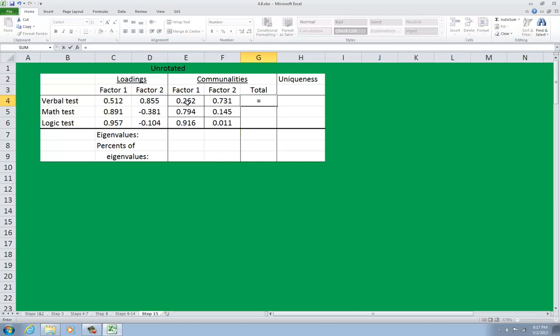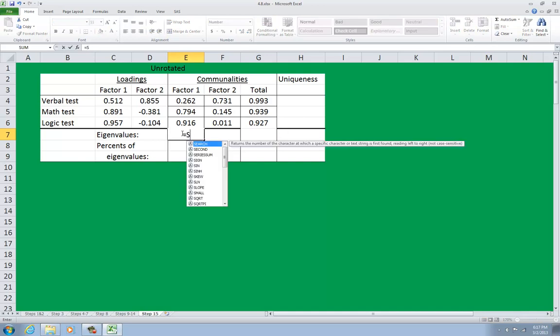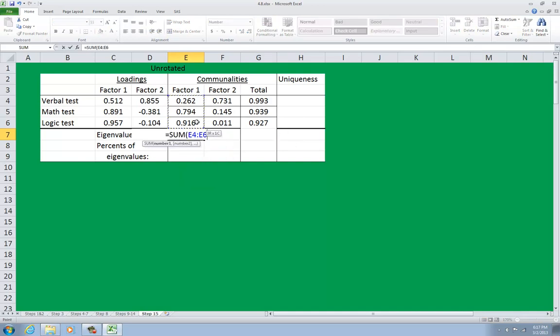So we just take the first one plus the second one, and 0.993. We can drag that down to make that easy to get the total there. The eigenvalues are the sums of the communalities by columns. So this is equal to the sum of those three above it. Drag that over. Pretty simple.